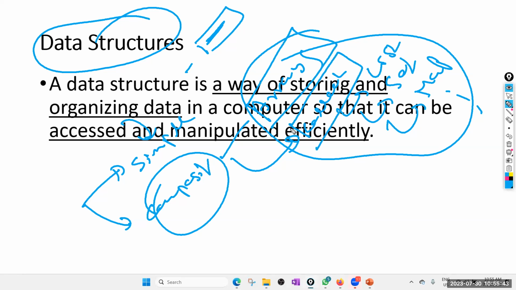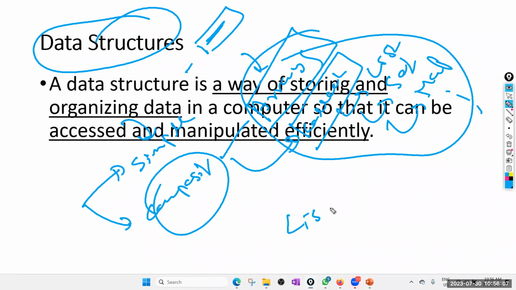So one reason is we want to keep multiple data in a single variable. A very good example is an array. An array can keep multiple data. It can be single dimension, 2 dimension, 3 dimension. So that is a data structure, array structure. Maybe a collection, right?